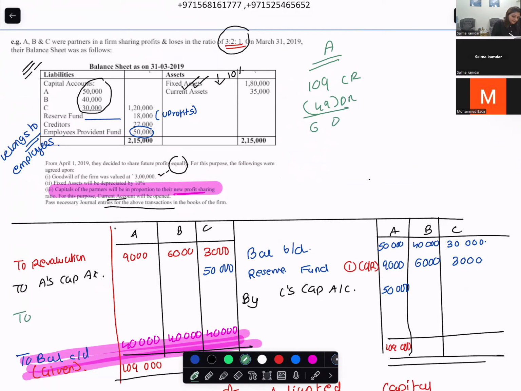So I will write: to A's current account 60,000. This is the balancing figure.